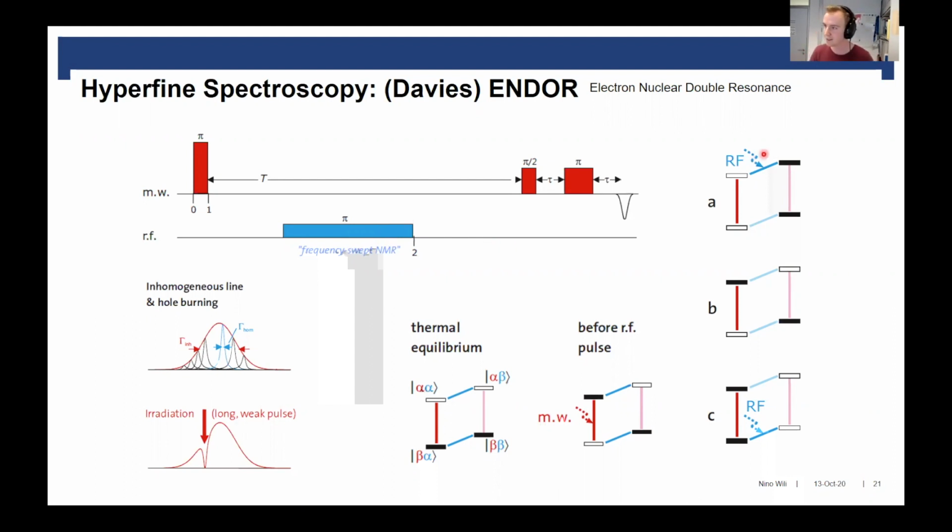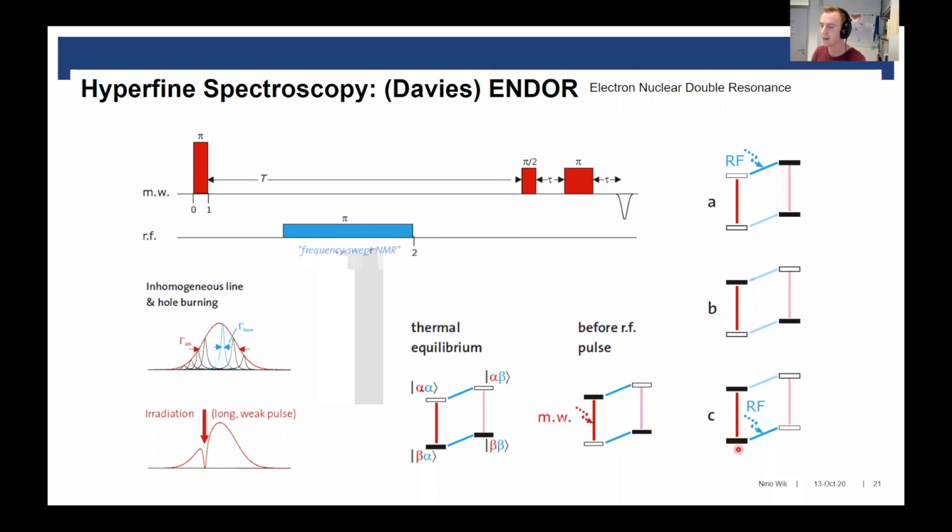So if you hit this transition here, you see that in the end, your electron transitions are actually saturated. And so the echo that you detect in the end will be smaller, just because you used this NMR pulse in between. If you don't hit anything, then your detection, which is at the same position where you burned the hole, usually will be unaffected, or it's inverted as usual.